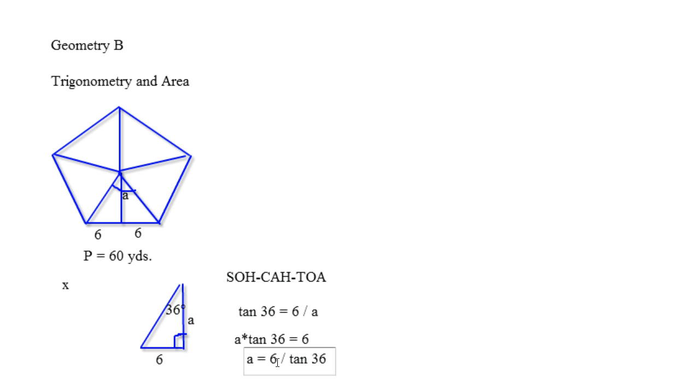If I test it out on my calculator, once again, make sure your calculator's in degrees. So that's going to be 6 divided by tangent of 36, and that should be 8.26. Let's go with yards on this because that's how much it is. Okay, so now I know everything I need to find the area.